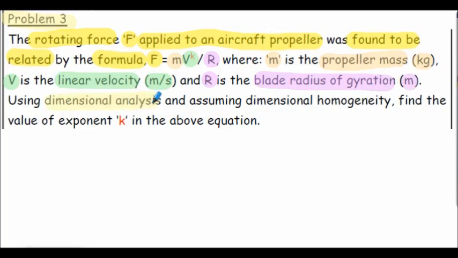So using dimensional analysis and assuming dimensional homogeneity, we've got to find the value of the exponent k associated with the linear velocity in the above equation. I haven't stated the answer on this particular problem, but I would encourage you to stop the presentation and attempt problem 3 here, and I will show you the full work solution on the following slides.